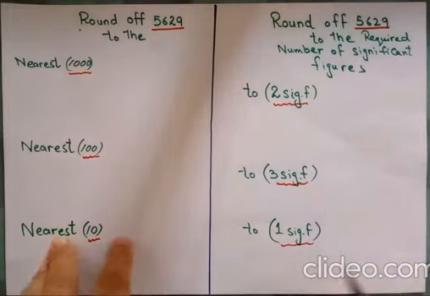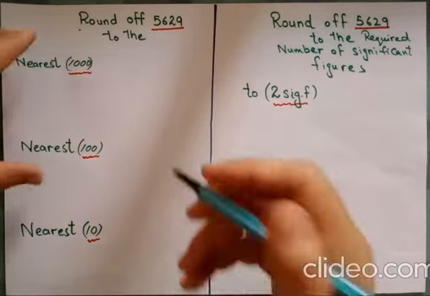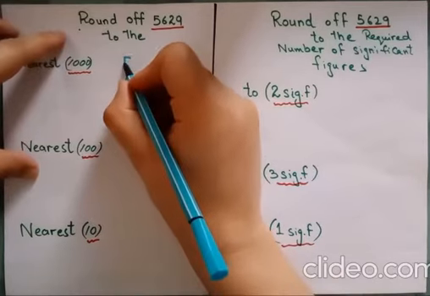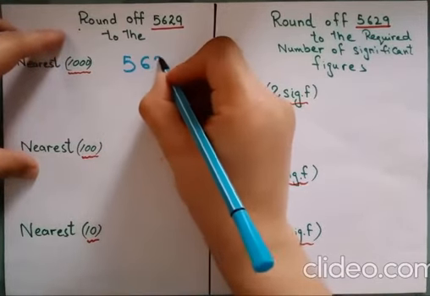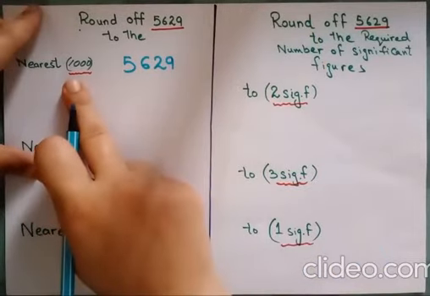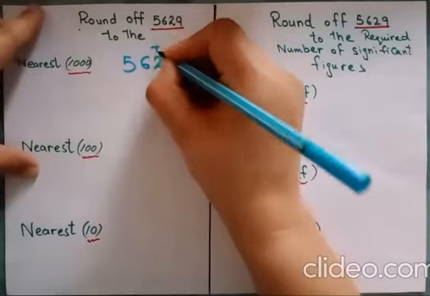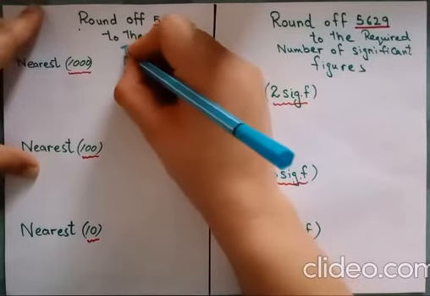So first of all, I am going to round it off to the nearest 1000. The number is 5629. As I have to round it off to the nearest 1000, I will mark the place values: units, tens, hundreds and thousands.